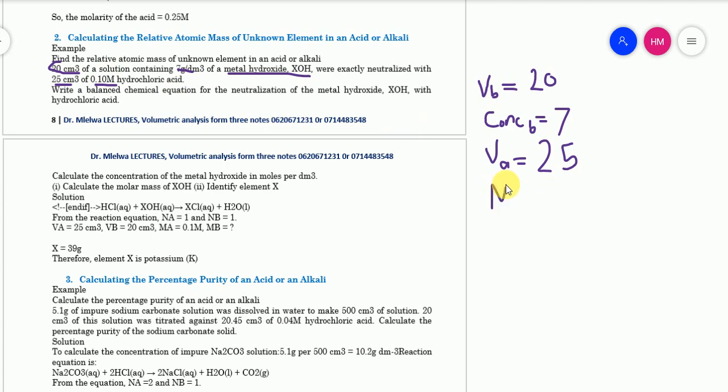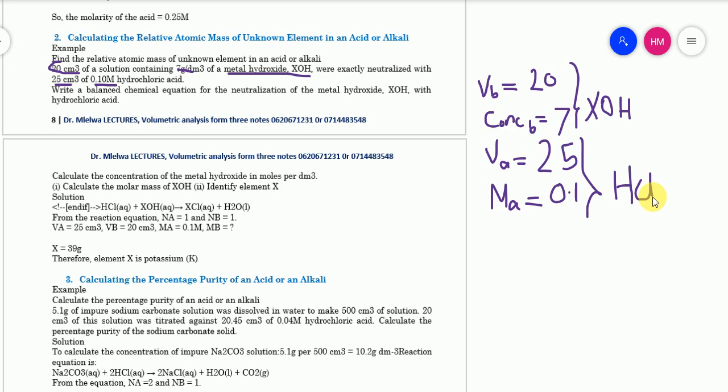Molarity of acid is equal to 0.1, and we know this base is X hydroxide, and from there we also know the acid is HCl. So we have this data, and we want to use it to calculate the relative atomic mass of an unknown element, which is X.